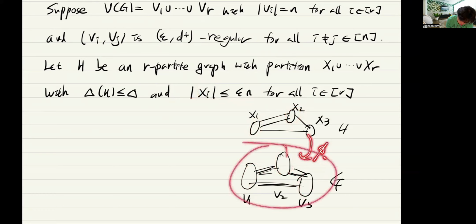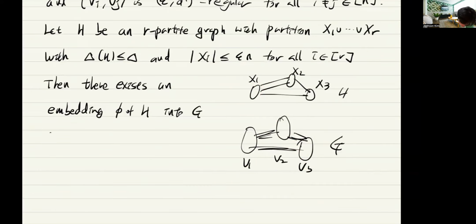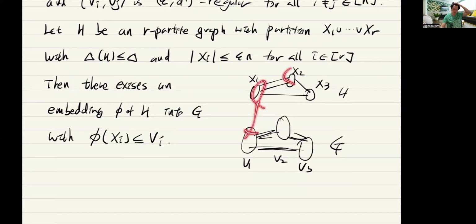You can find a copy of H in G. Then there exists an embedding of H into G with the image of xi lying inside of Vi. You can put this into here, into here, into here, so that all the edges are mapped to edges.